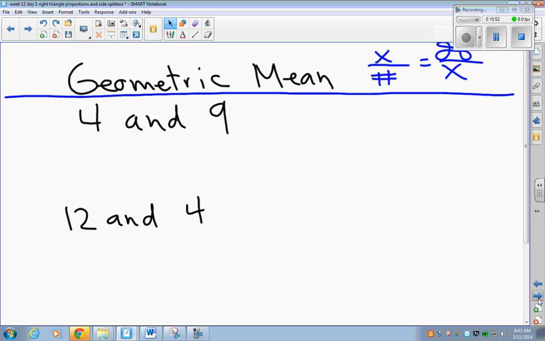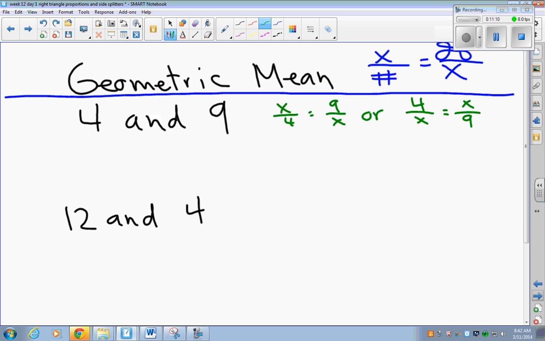Now, we've already done the 4 and 9, but just so you can see it, instead of doing it as 4 times 9 and square root it, write it as, if the question says find this geometric mean, I'd go x over 4 equals 9 over x. Or you could have done 4 over x equals x over 9. It doesn't matter, because when you cross multiply, you're going to get x squared equals 36, x equals 6.